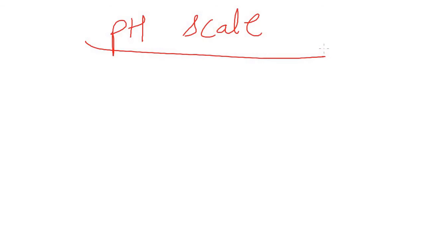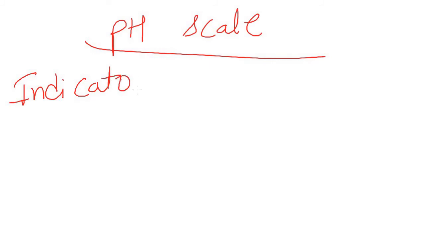Okay, so in this part we will discuss the pH scale. The pH scale basically helps in distinguishing whether a substance is acid, base, or neutral. Right, so you would have heard the term indicator. So what is an indicator?